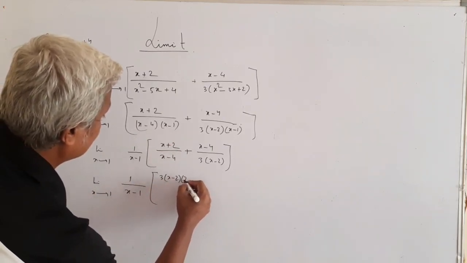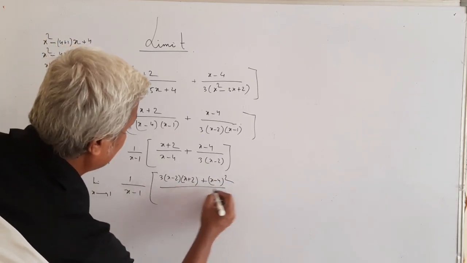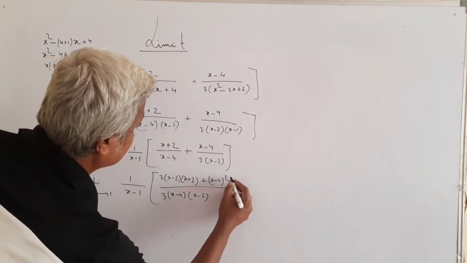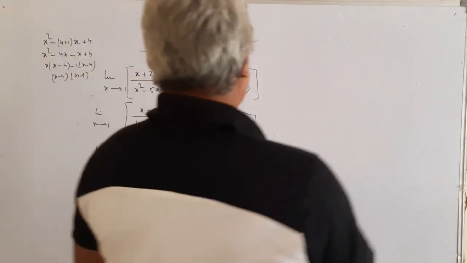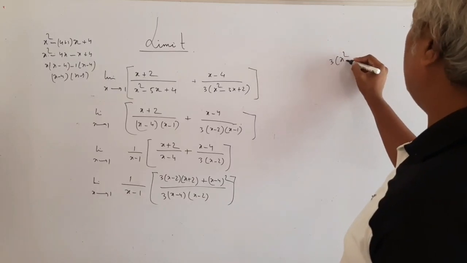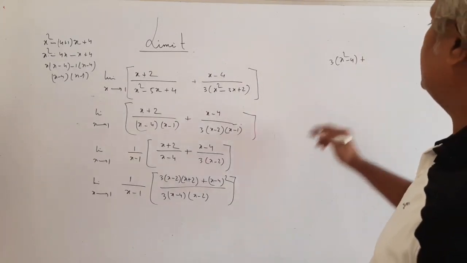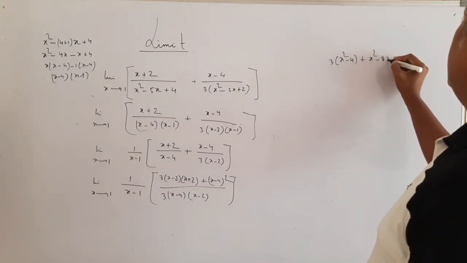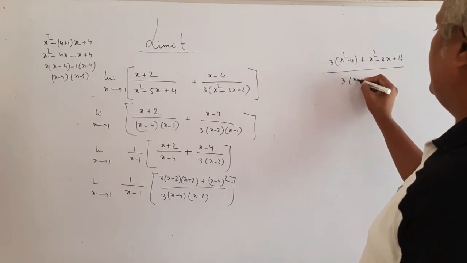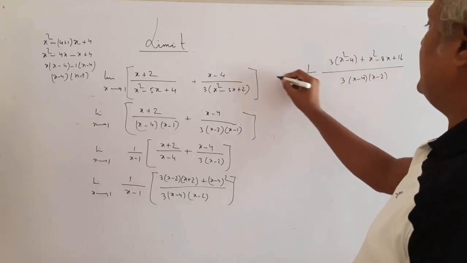So (x minus 2)(x plus 2) plus (x minus 4) whole square over (x minus 4) times 3 times (x minus 2). Now this one is 3 times (x square minus 4), a minus b, a plus b, plus this is x square minus 8x plus 16, over 3 times (x minus 4)(x minus 2), over x minus 1.